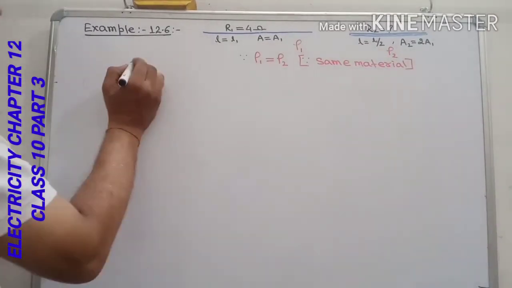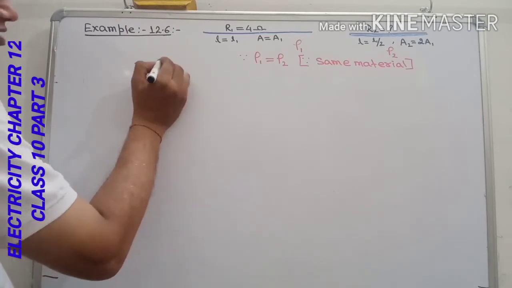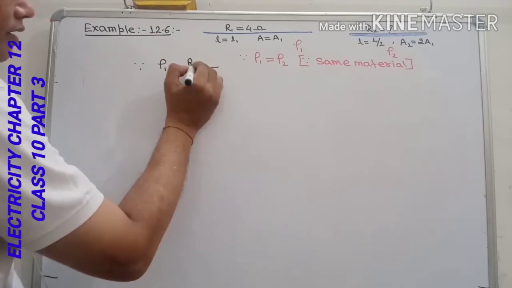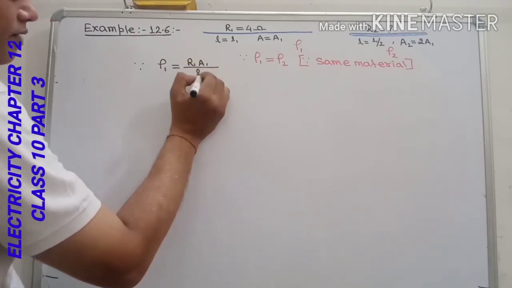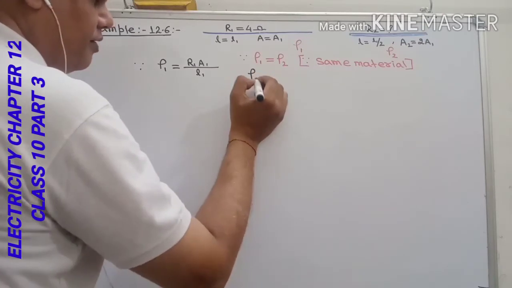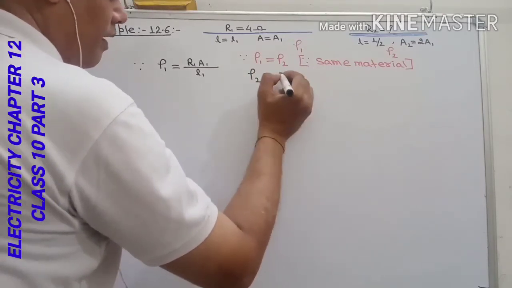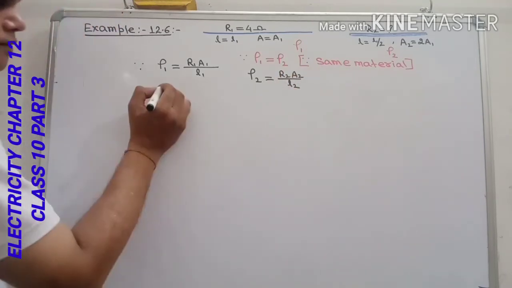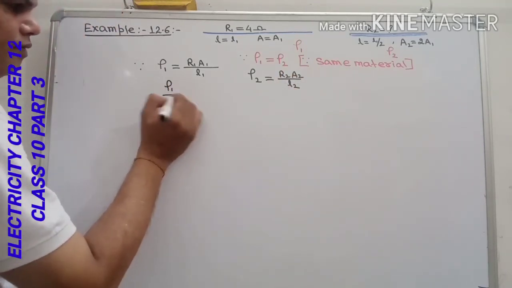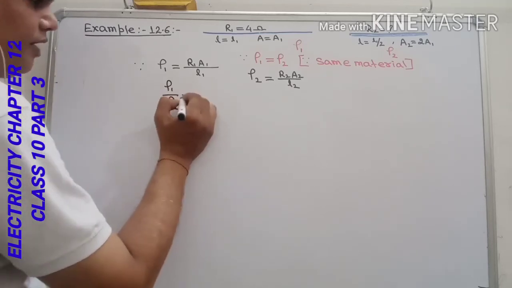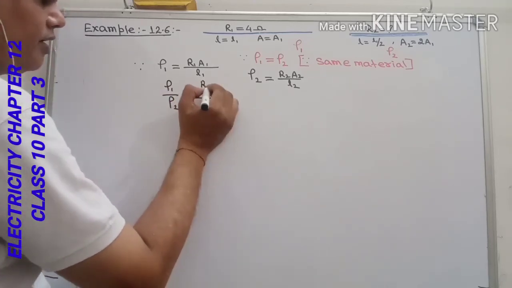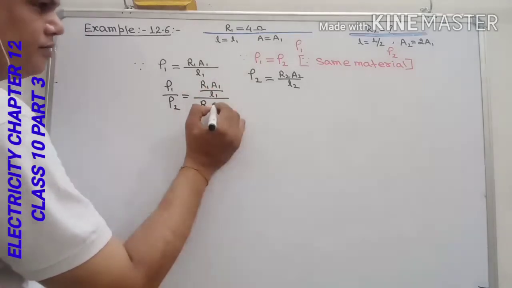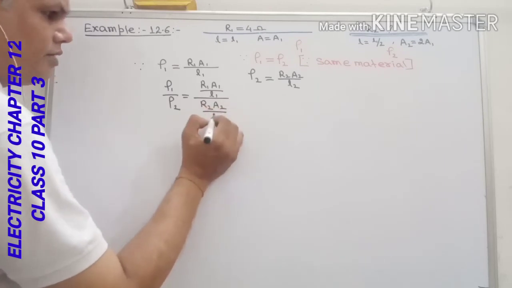Since we know that resistivity ρ1 will be equal to R1 A1 upon L1, and resistivity ρ2 will be equal to R2 A2 upon L2. Now if we take the ratio ρ1 upon ρ2, then we will get R1 A1 upon L1 and R2 A2 upon L2.